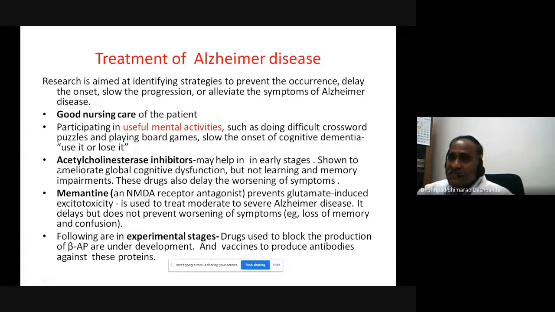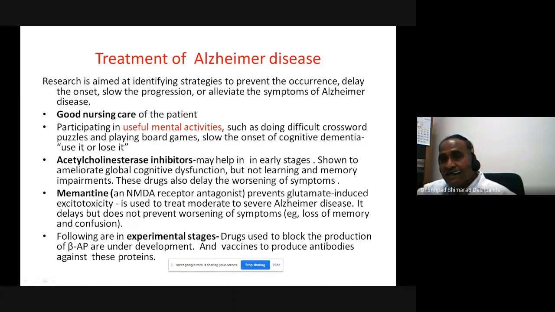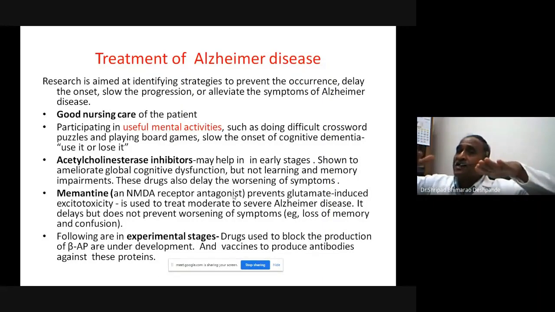Now the drugs. Because cholinergic neurons are lost, you can use anticholinesterase inhibitors, which may help to relieve symptoms in the beginning, but when all the neurons are lost, anticholinesterase may not help because there is no acetylcholine coming up. Then memantine is an NMDA receptor antagonist, because there is a balance between cholinergic and glutamatergic transmission.